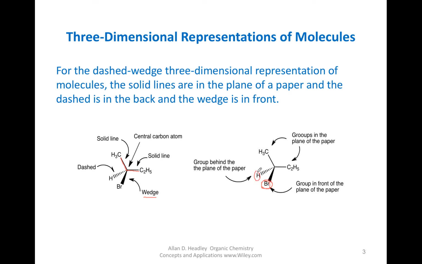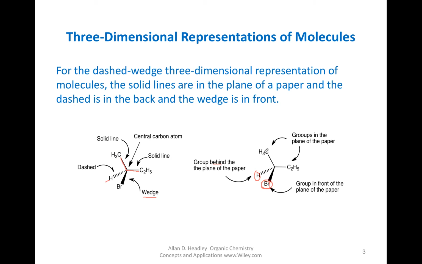A dash represents a group or atom that's behind the plane or in the back. So note again that a wedge is representing a group in front, and a dashed line represents a group in the back.